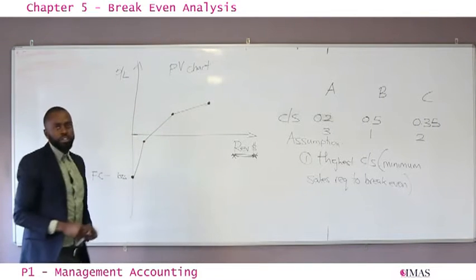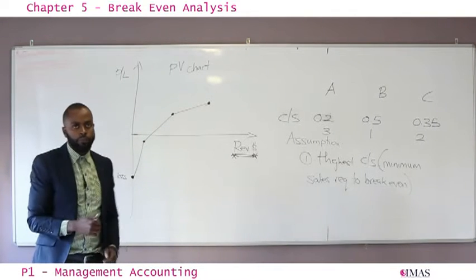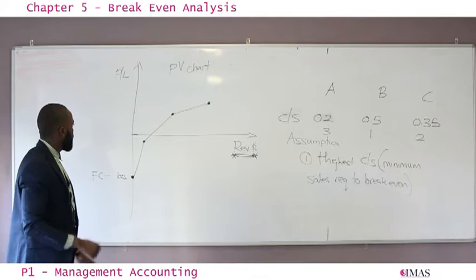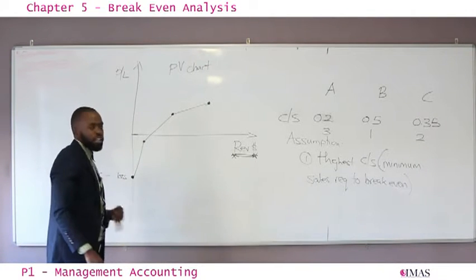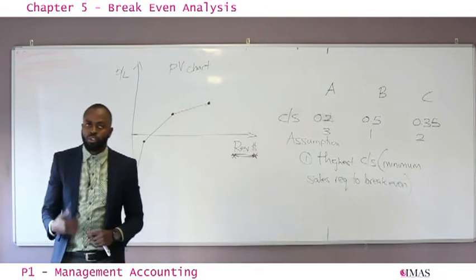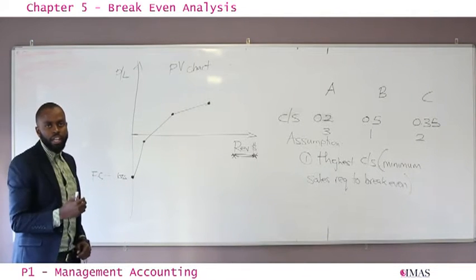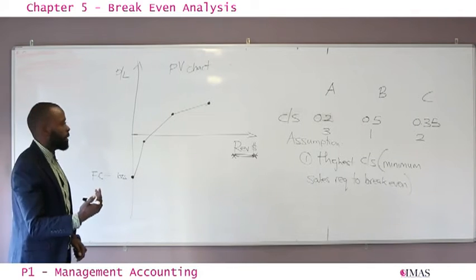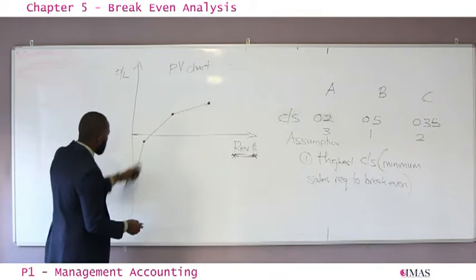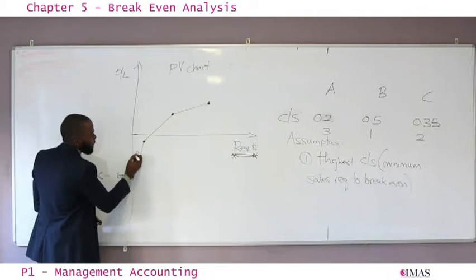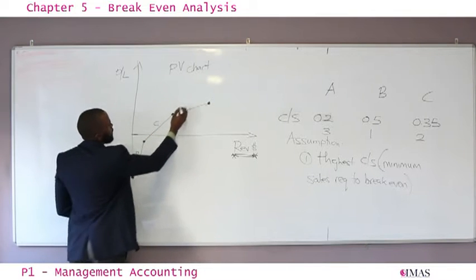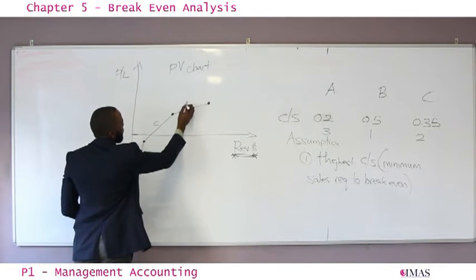Remember when you did the profit volume chart, I told you that the slope of the line is an indication of the contribution to sales ratio, or the contribution generated. So the steeper the slope, the higher the contribution generated per dollar. So this line here is going to be our B. Then this will be C, then this will be A.